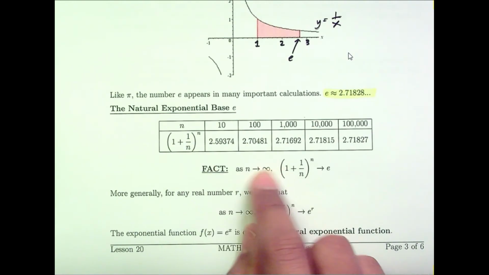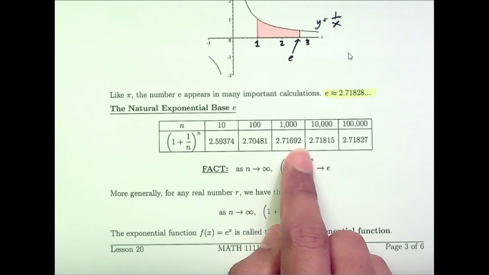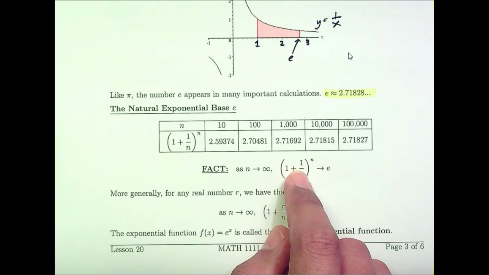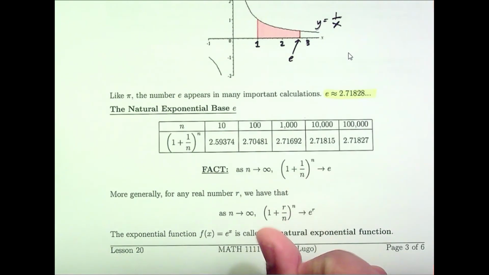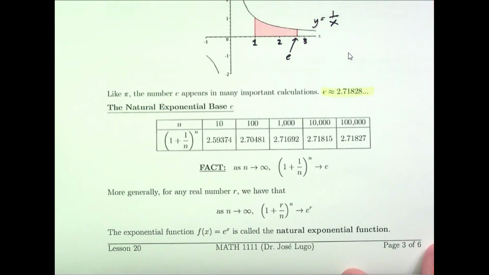So as n goes to infinity, meaning it is becoming huge, this number becomes bigger and bigger, but it is approaching e. It gets bigger, but there's a limit to it, and it is e.